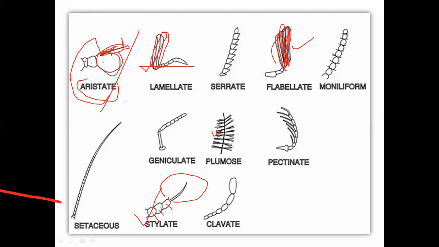Actually stylet means style, which is an unsegmented flagellum present in robber fly.